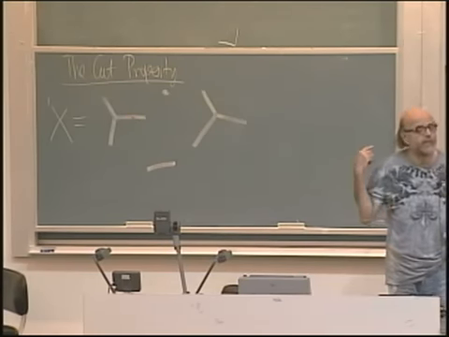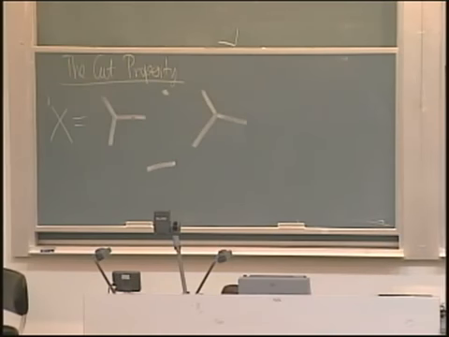Technically, this is called a forest. Why? Because it's a bunch of trees. And it's very confusing because a forest is also a subset of a tree. I mean, if you take away a few edges from a tree, you have a forest, which I find confusing. So in any event, what does the cut property say?